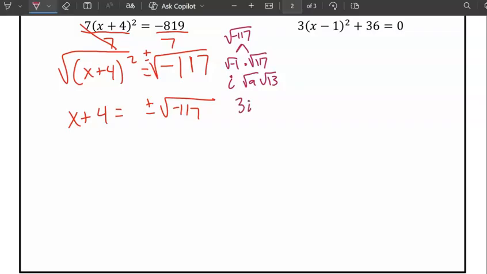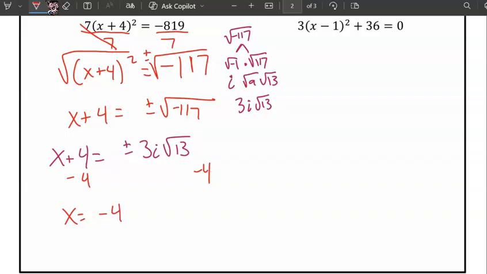We have 3i square root 13. Subtract 4 from each side. And then we have x equals negative 4 plus or minus 3i square root 13.